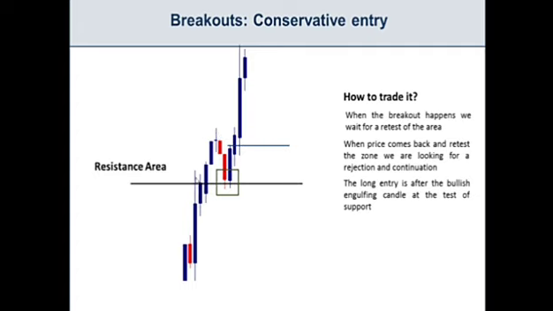And this is where chart patterns and candlestick formations come very handy, because when we are looking for confirmation, we are looking for actual price to give us the confirmation that this area of support held. In this case, we have a bullish engulfing candle right at support. This gives us a long entry with our stop losses below support or below these engulfing candles.